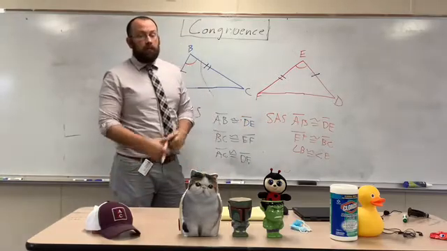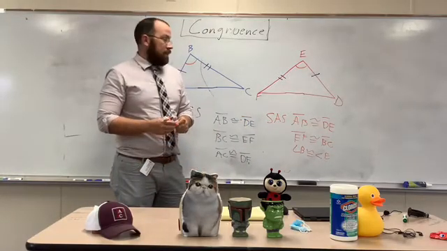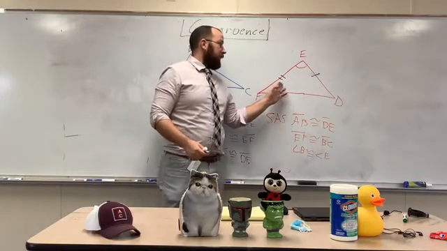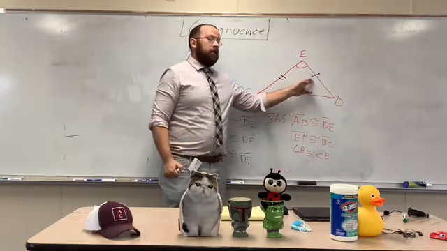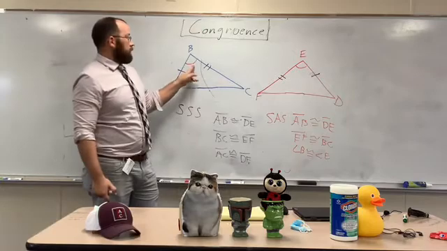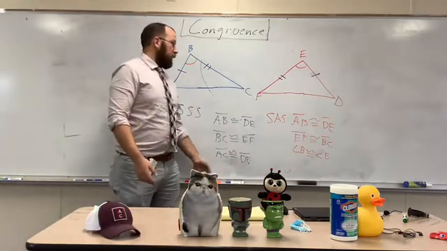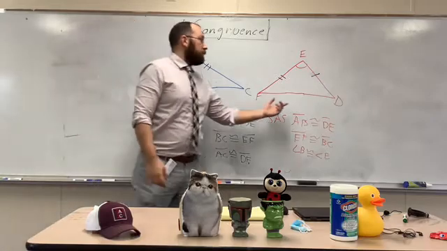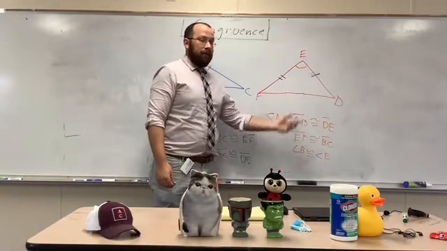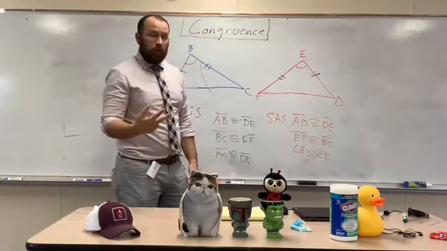And there you go. That's how it would be written. You have to have a side, the angle in between, and another side. Same thing. These all have to be congruent to each other. And then you could say that triangle ABC is congruent to triangle DEF. Right? Those are two. There's two more I'm going to go over.